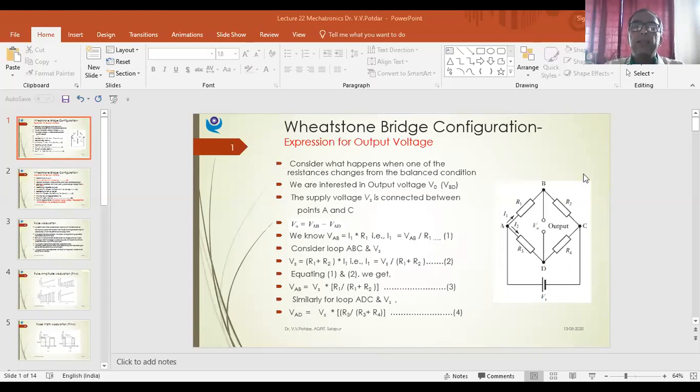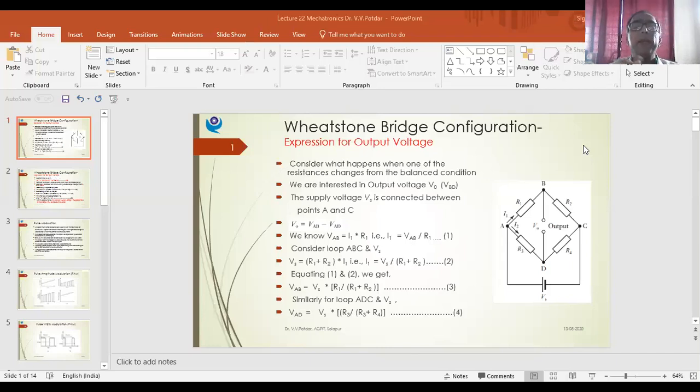Yesterday, last class, we discussed Wheatstone bridge circuit briefly, and we also derived expression for initial balancing. What was the expression? R1 by R2 is equal to R3 by R4.